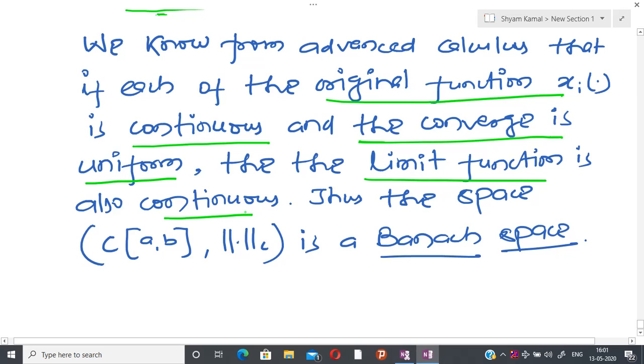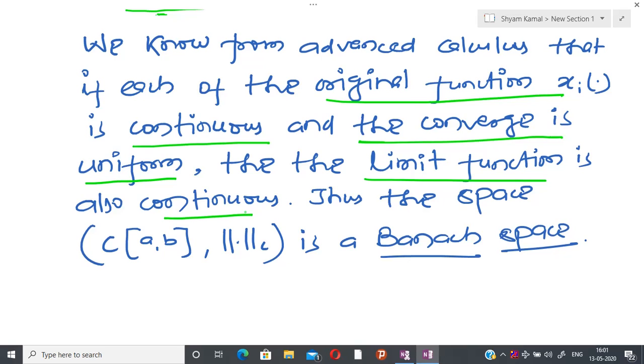In another way, this situation looks like this: if two things converge towards each other, then finally they converge to the limit point. That is the meaning of this part.